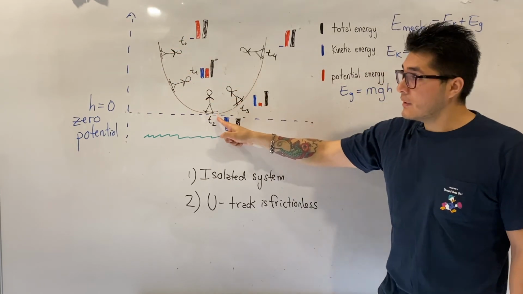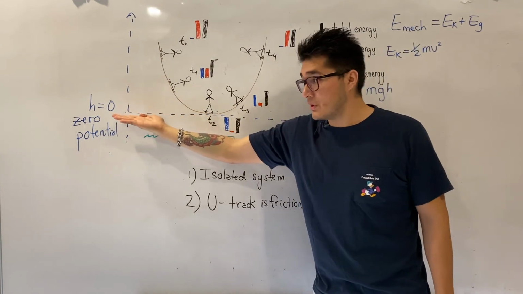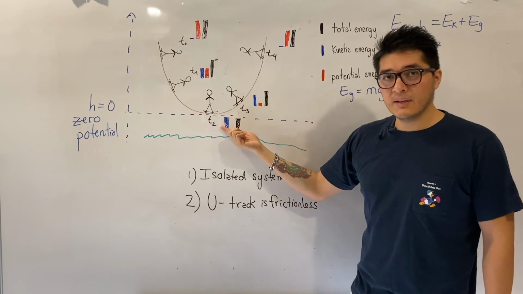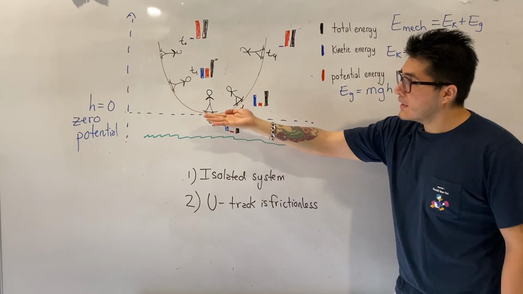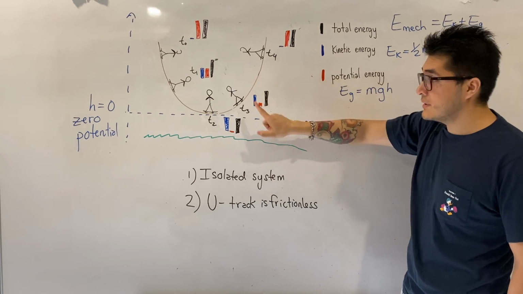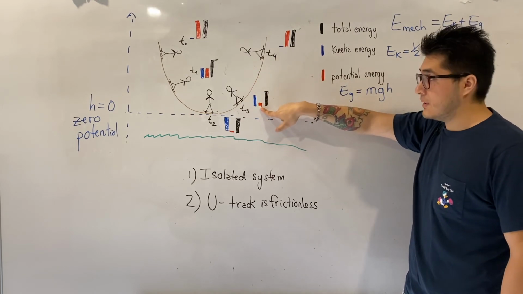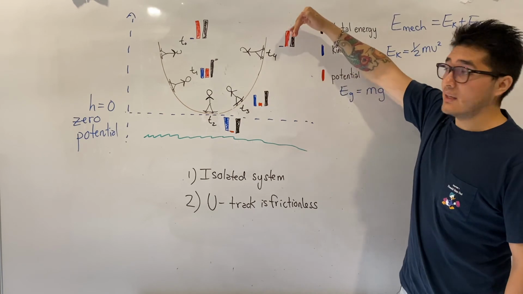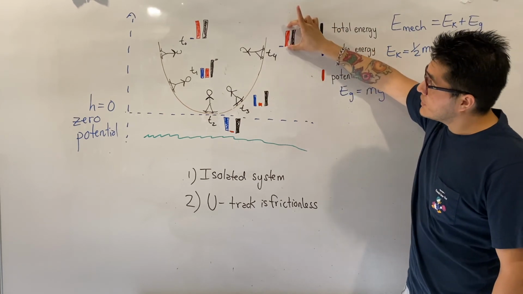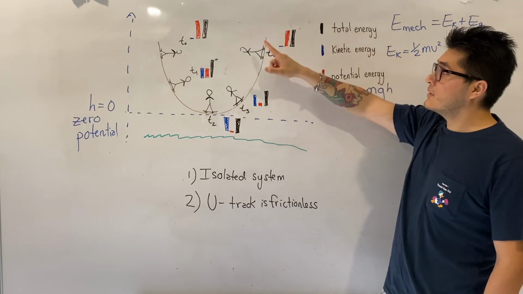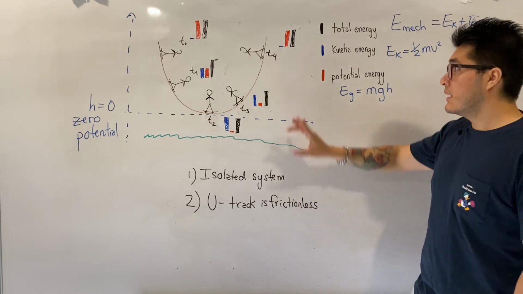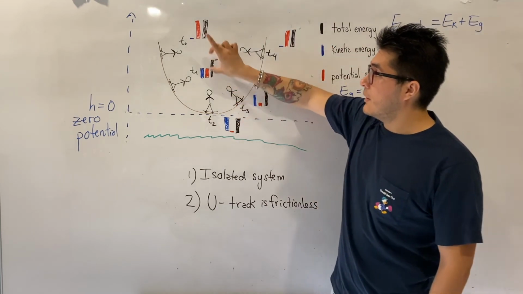At the bottom, where we set a coordinate system for zero potential, our potential is the lowest and our kinetic is the highest. And as it begins to move back up the ramp, the kinetic energy decreases, but the potential increases. And if it achieves the maximum height here, our kinetic is down to zero, our potential is fully maximized, which means this will be momentarily at rest. But throughout the whole motion, the mechanical energy remains unchanged.